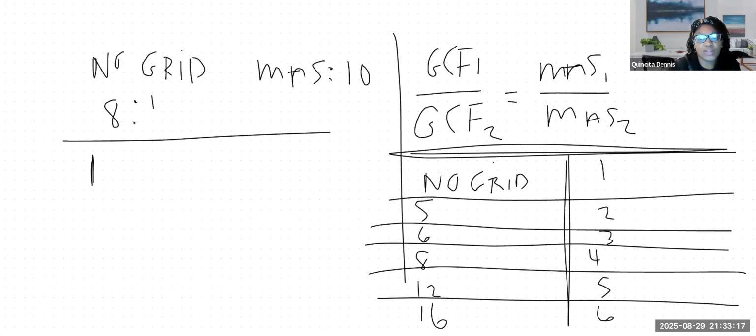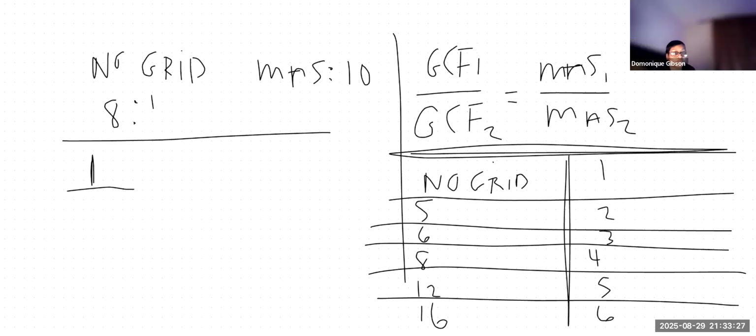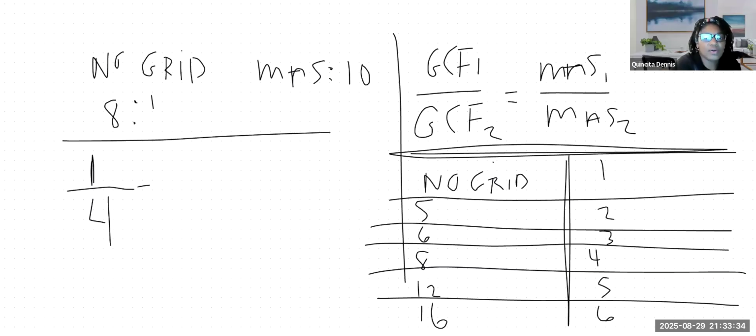All right, and an 8-to-1 grid is what number? 4. All right, the initial mass was 10, and I want to know what the new mass is going to be.